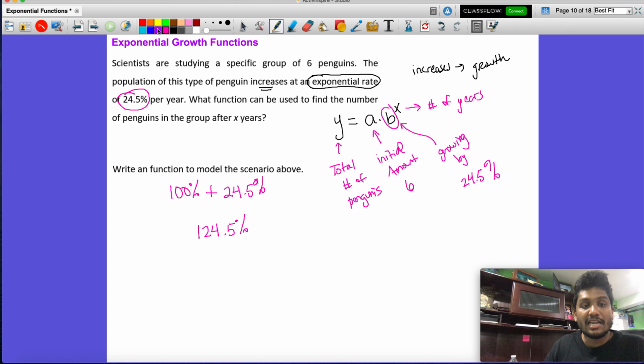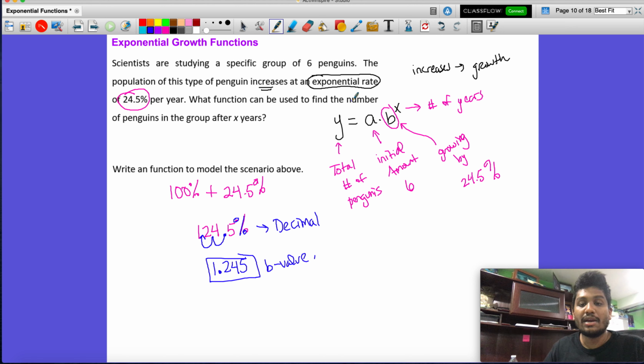But when you're writing a function, you cannot have this percent sign, so this needs to be gone with. So how do you convert 124.5% to a decimal? Well, the way to do that is you go to where the decimal is, and when converting from percent to decimal, you go back 2 spaces. So that's 1, 2. So this becomes 1.245, I'm just moving the decimal. And this is going to be our B value, our growth.